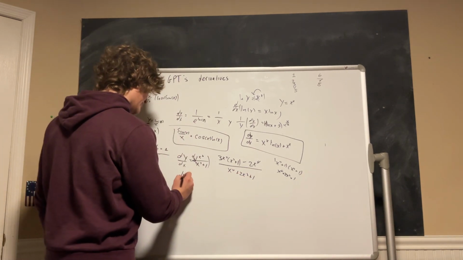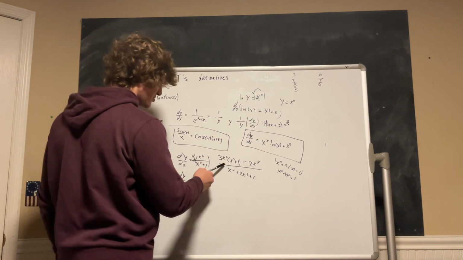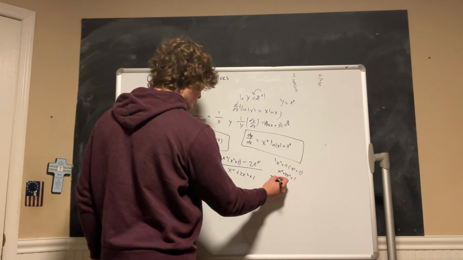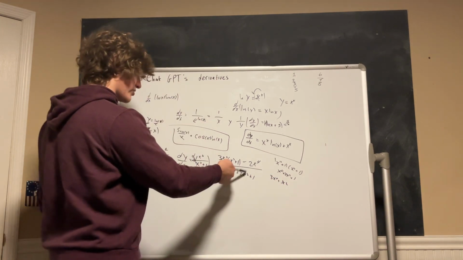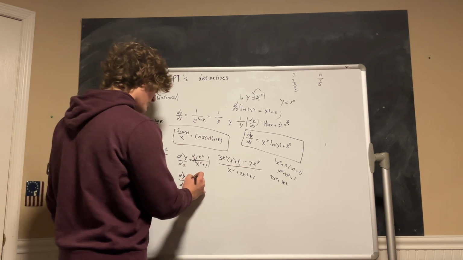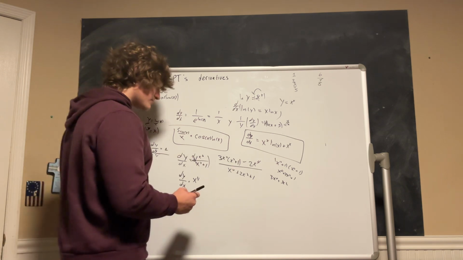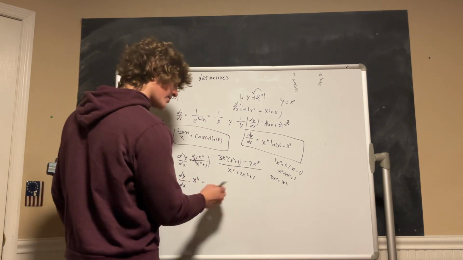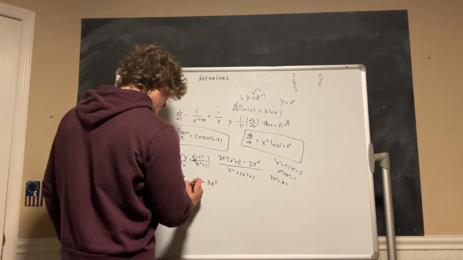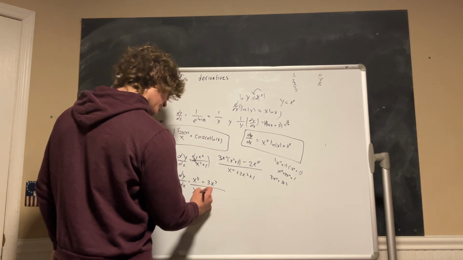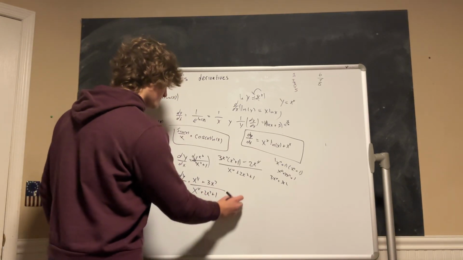So dy by dx is equal to this 3x squared multiplied, so we get 3x to the 4th plus 3x squared. And then this 3x to the 4th subtract from that one, so we get x to the 4th, since the 3 minus the 2, plus our 3x squared, divided by x to the 4th plus 2x squared plus 1. And that is our derivative.